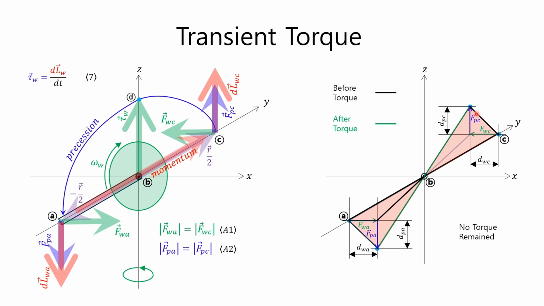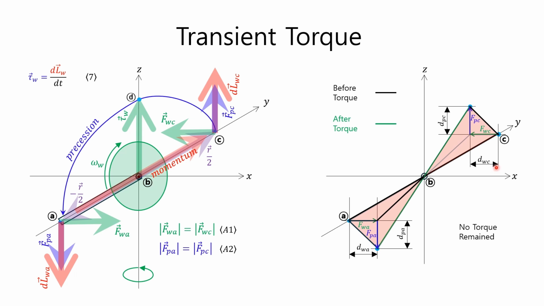At point A, the couple force Fwa acts transiently, generating a displacement dWa, and at point C, the couple force Fwc acts transiently, generating a displacement dWc and then stopping.